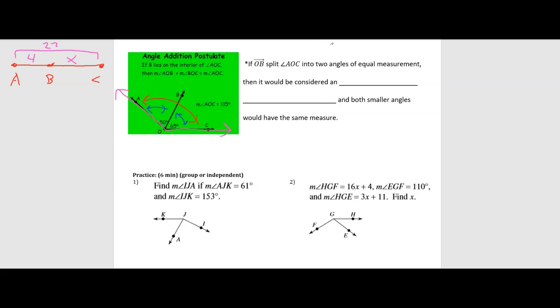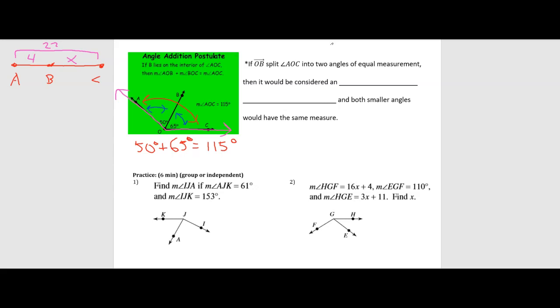So in this example, we have 50 degrees plus 65 degrees is equal to the whole angle measurement, which is 115 degrees. Okay, so same idea as the segment addition postulate. We're just now breaking up angles rather than segments.